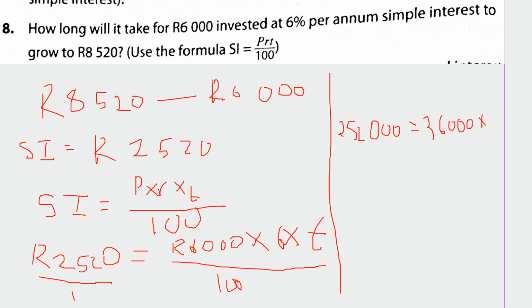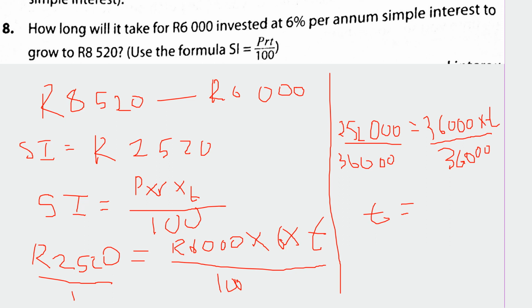36,000 multiplied by time, and then to get time we have to divide both sides by 36,000. Okay, so now the time that we need to invest will be 252,000 divided by 36,000.